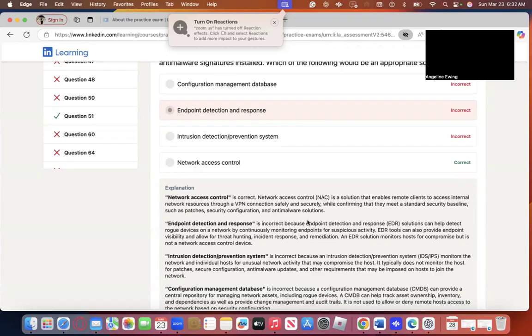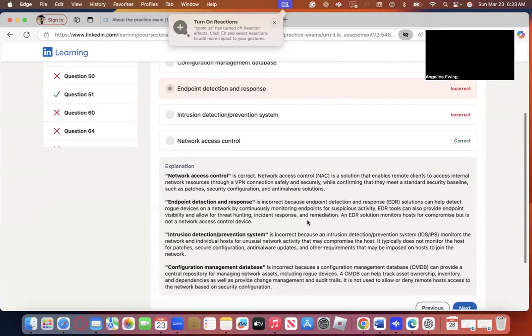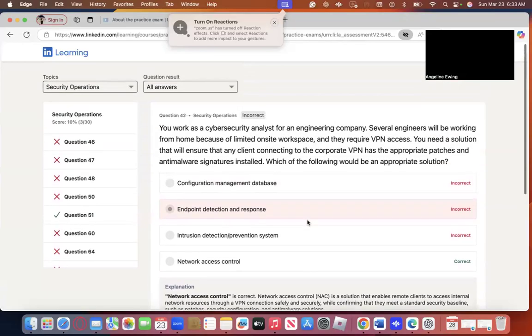And finally, configuration management database, CMDB, can provide a central repository for managing network assets, including rogue devices. A CMDB can help track asset ownership, inventory, and dependencies, as well as provide change management and audit trails. It is not used to allow or deny remote host access to the network based on security configuration.